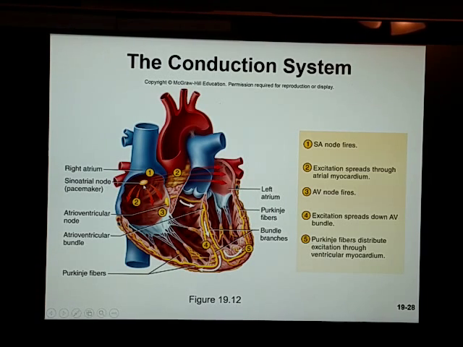Now, when the SA node fires, it spreads through the right atrium and it spreads to the left atrium. We get some excitation in this right atrium, and it excites this atrioventricular node.